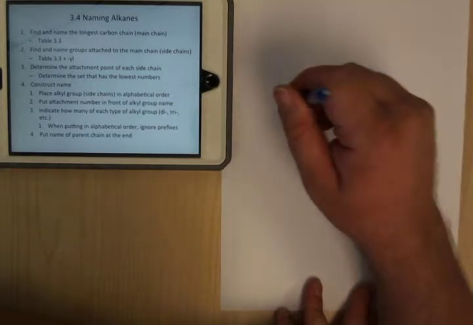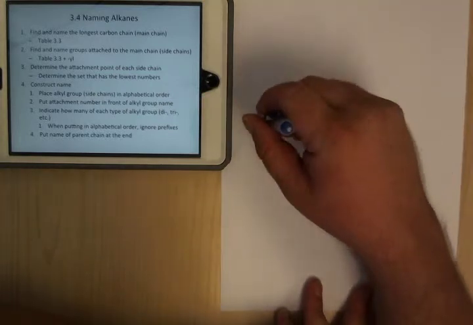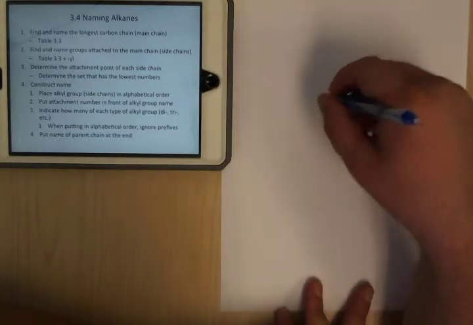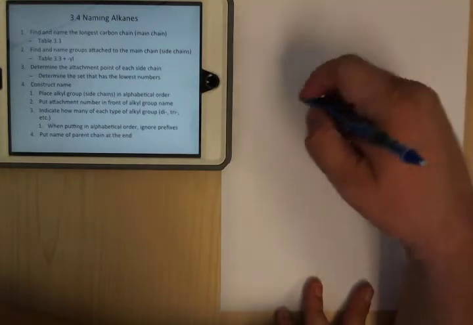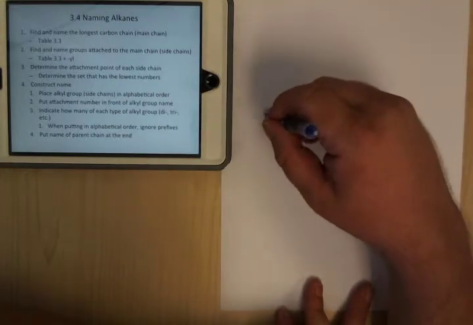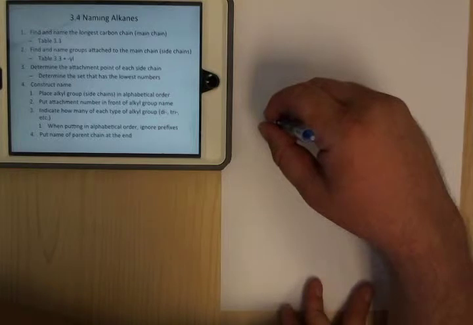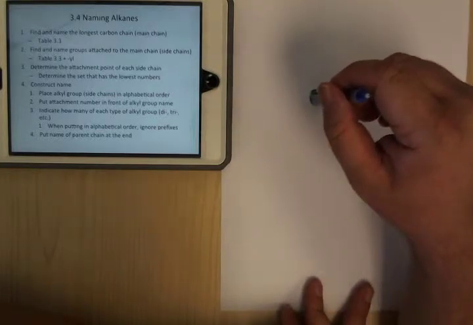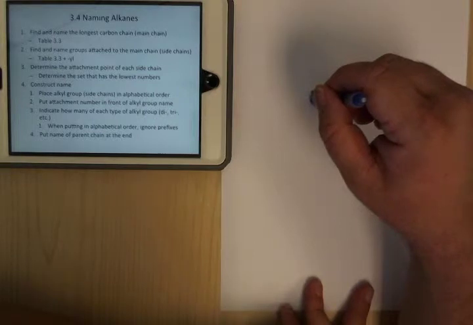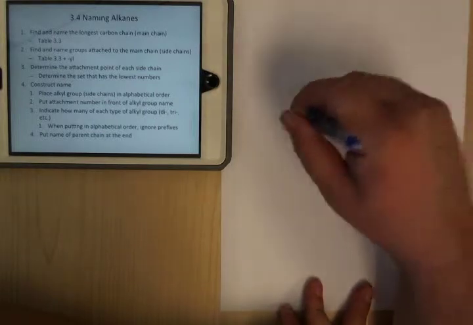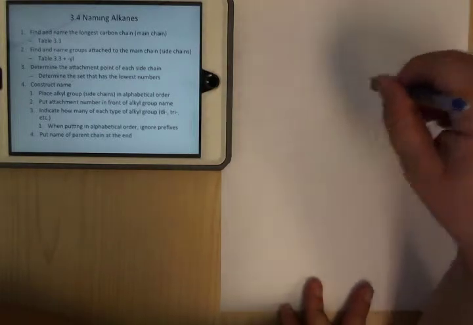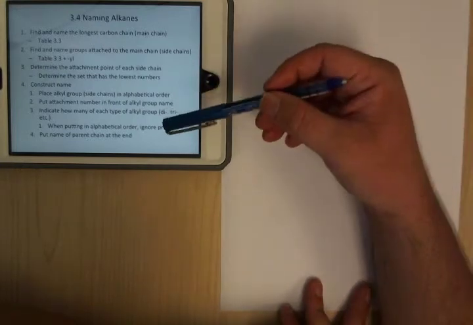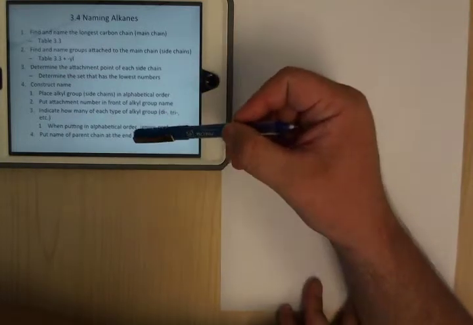So butyl comes before ethyl, comes before methyl, comes before propyl, and ethyl comes before dimethyl. You still compare ethyl, methyl, whatever. And then you put the parent chain at the end.